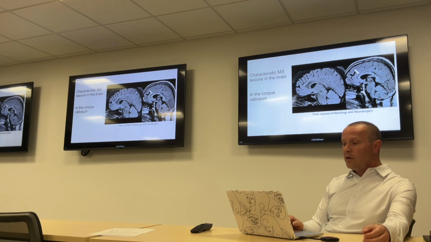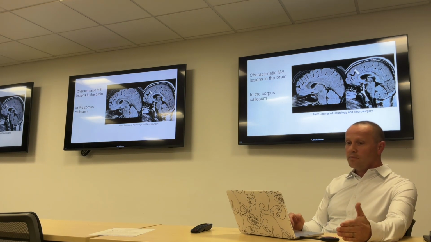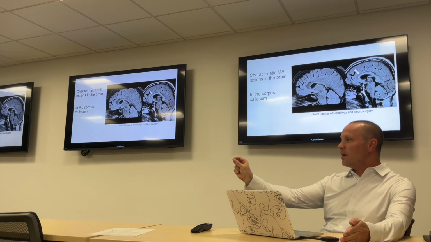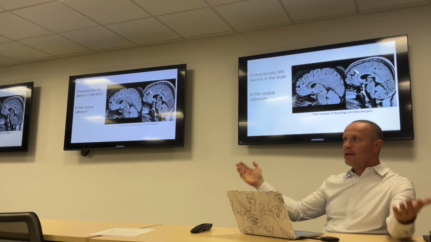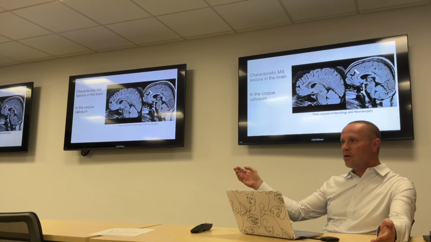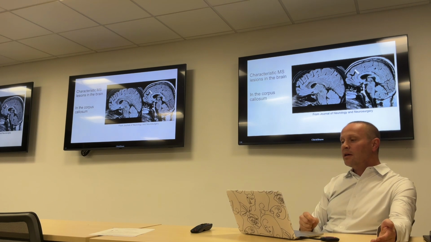When I say these, there are almost no absolute rules. There are exceptions to every rule that you can think of. So there are plenty of times I have to say, this is unlikely to be MS, but I'm not going to say it's not MS, because you can have a little innocent looking white matter dot right in somebody's subcortical white matter that 99 times out of 100 is just somebody had a migraine years ago, or they're 45 years old and they have a few dots in their brain.